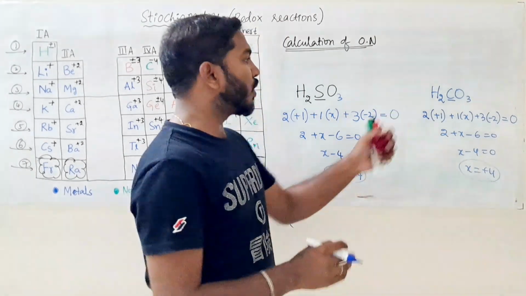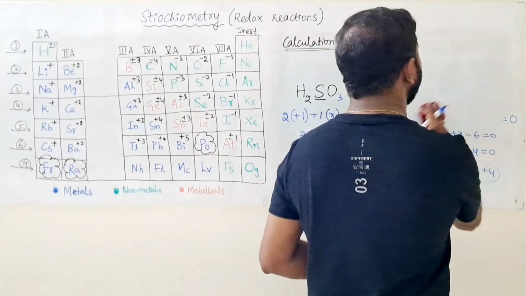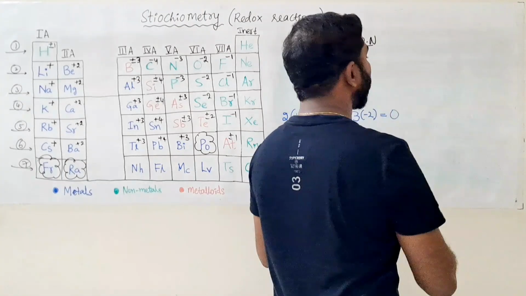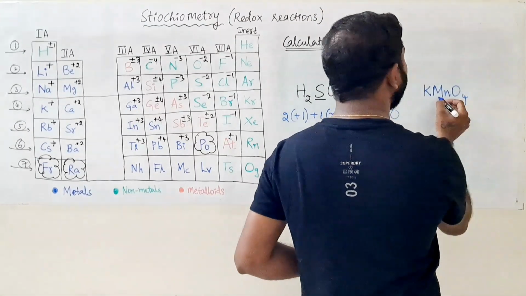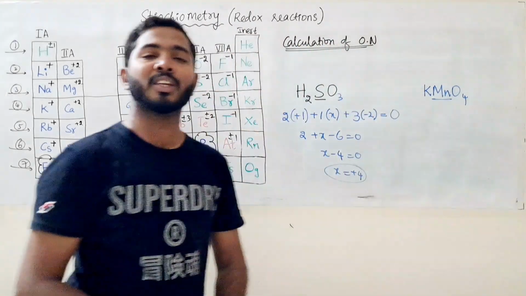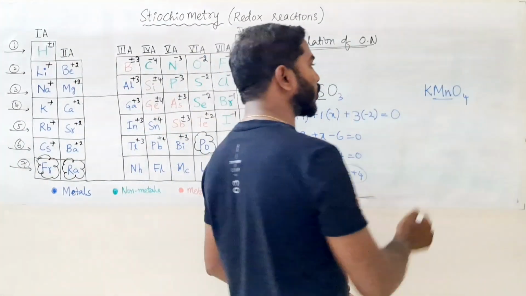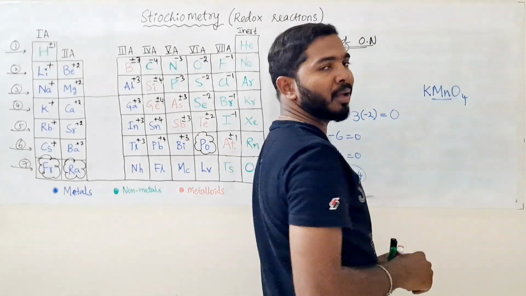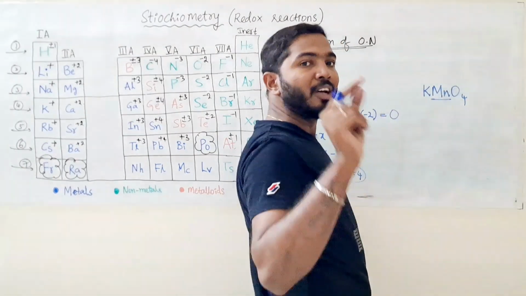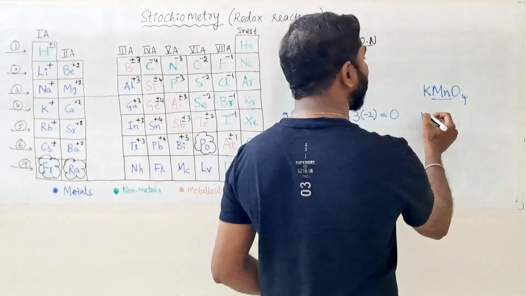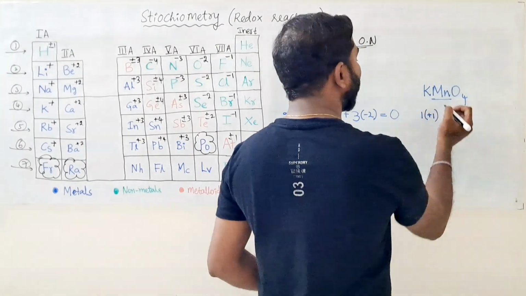Okay, now let me give another compound, potassium permanganate, KMnO4. Now we need to calculate the oxidation number for manganese, suppose. And we know the oxidation numbers for the remaining elements very well. Potassium is present in the first group, so +1 charge. How many potassiums? 1, so +1.